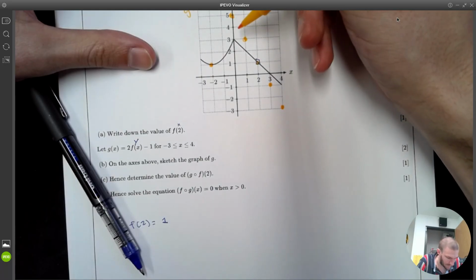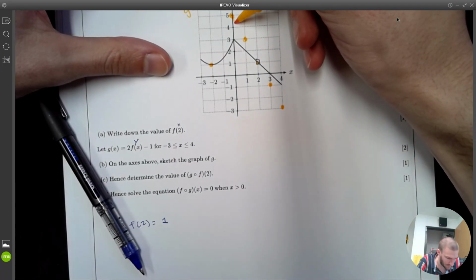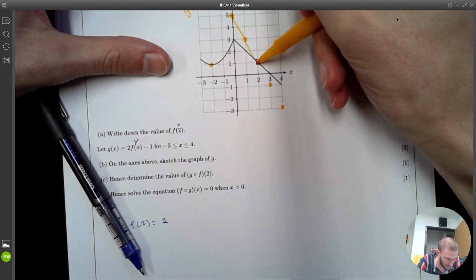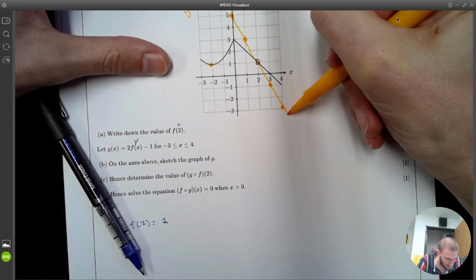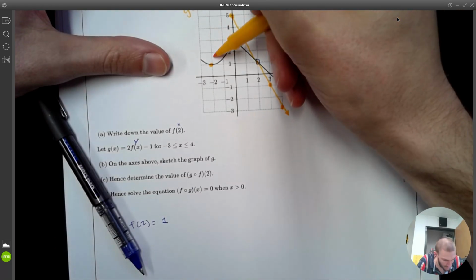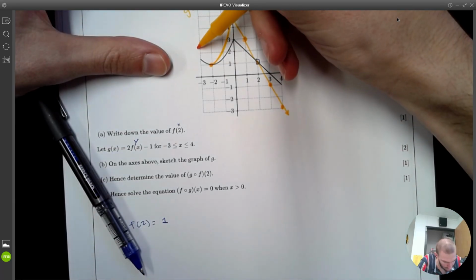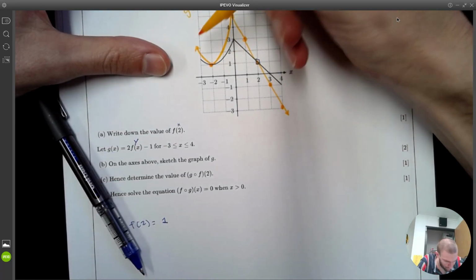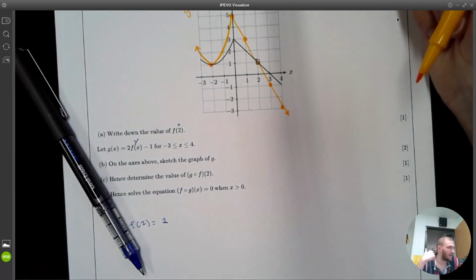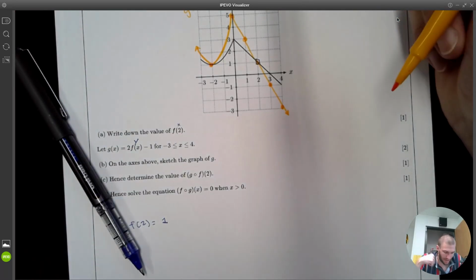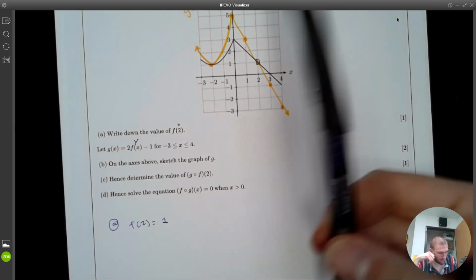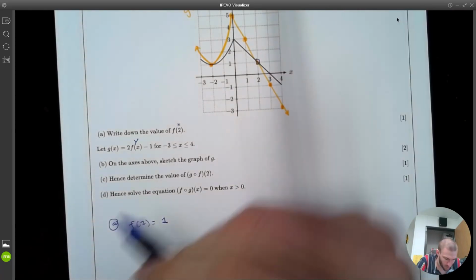This is a nice line. Okay, this is pretty easy. It's gonna stay as a nice line for this half, and it's gonna stay a curve for this half. Something like that. Okay, that's not too bad. 2 marks for free. We're doing great.